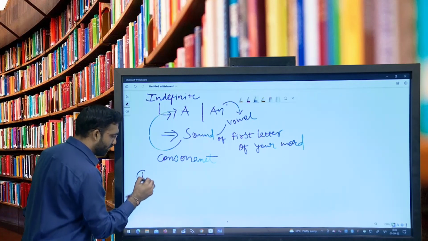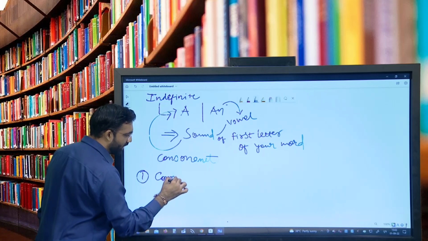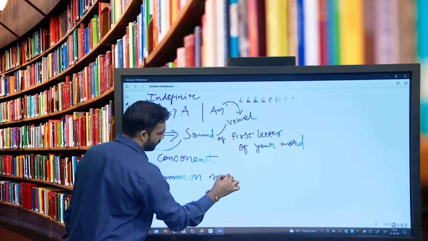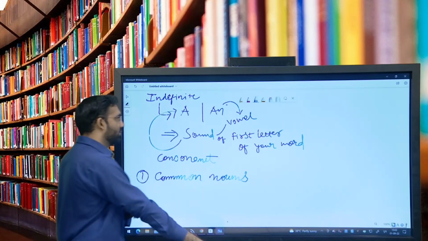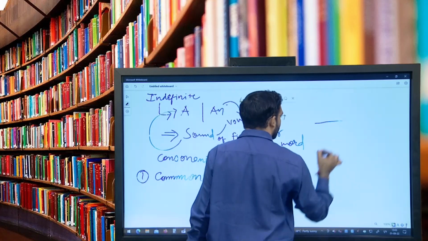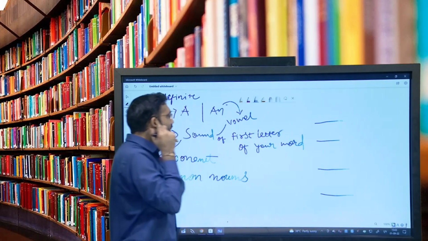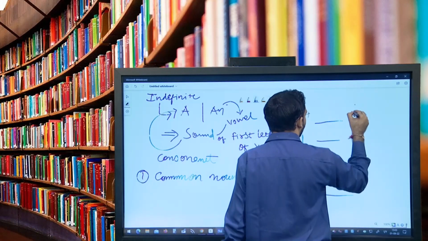Now, we will learn the conditions. First, it should be used before common nouns. We have learned the types of noun, right? I am writing, and you will have to identify them.